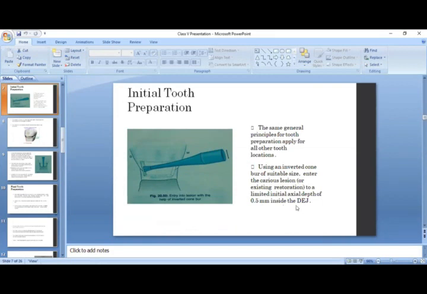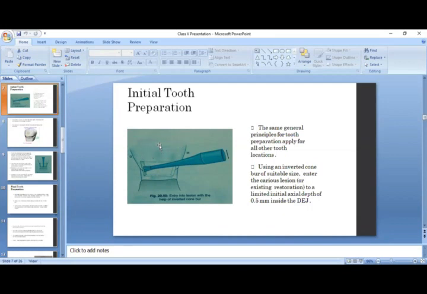The dentino enamel junction is basically the junction where the enamel and the dentine meet. This is the location of the class 5. This is the gingiva, and this is the location of the class 5 cavity or the class 5 carious region. This is the incisal edge, this is the facial side.